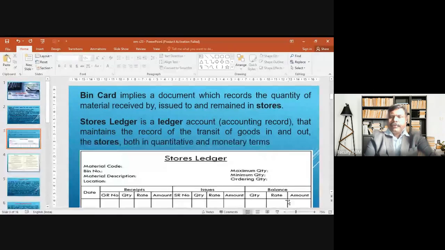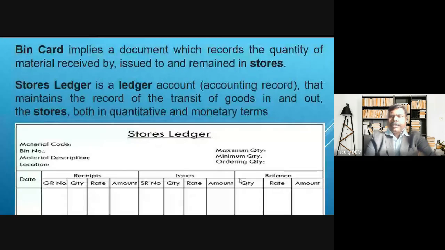In accounting, we use this stores ledger mostly for seeing the transit of goods and items, that is, how many are received and how many are being issued. These things we see on this ledger, and the balance also you can see.